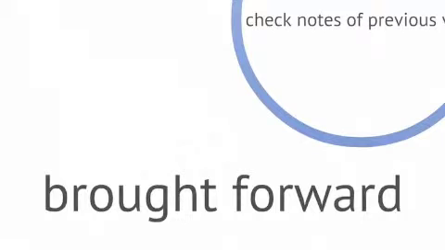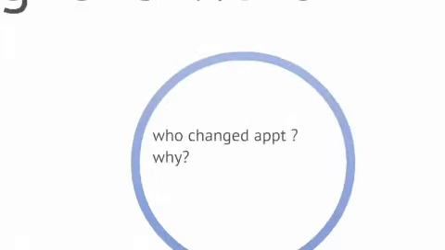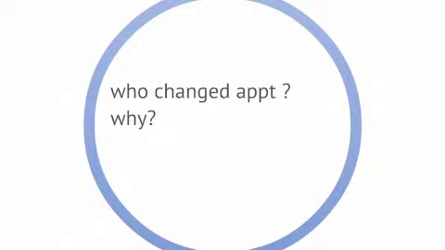If a visit has been brought forward, then it's important to note this and to see what has happened, who changed the appointment and why, because this is obviously an important starting point with regard to any particular encounter.